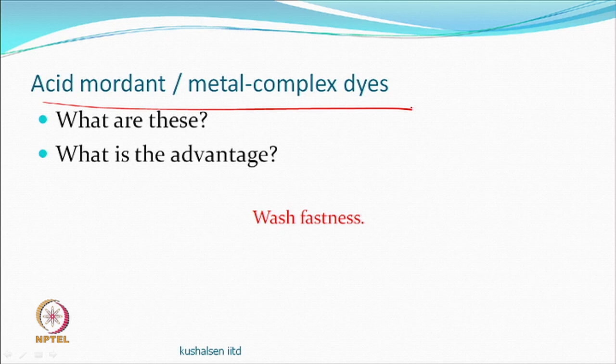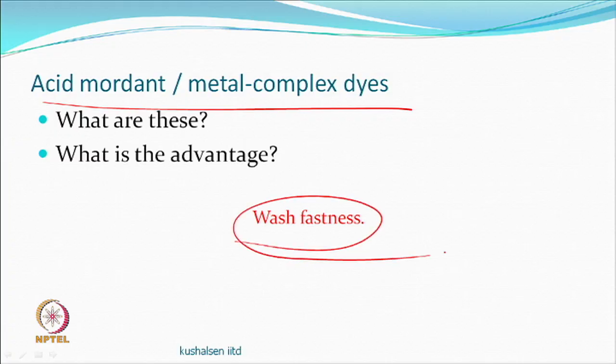So, metal complex dyes which are already there, either the complex is pre-metallized, so you already made the complex as a larger molecule, or you make the complex later in some way or the other. In printing you may like to have a metal complex dye, or you have to pad with a mordant first and then print the mordant dye, and so you can get the complex formation there.